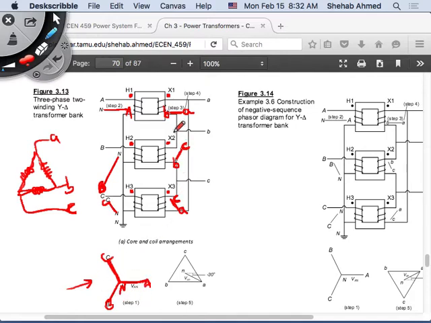So on the secondary, what do these correspond to here? This is BA, right? This is A and then B. And this is CB, and then CA is this way. So if I draw CB like this, then this is CB, and then this is CA. Right, so I ended up with a delta on my secondary as expected.